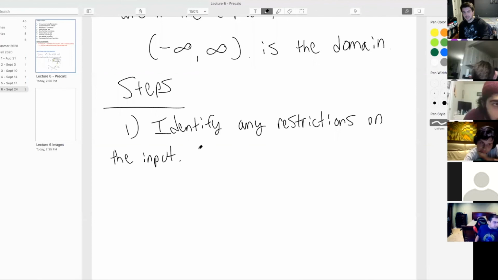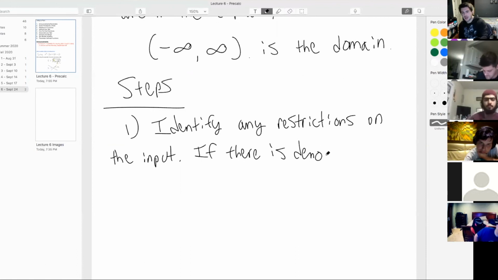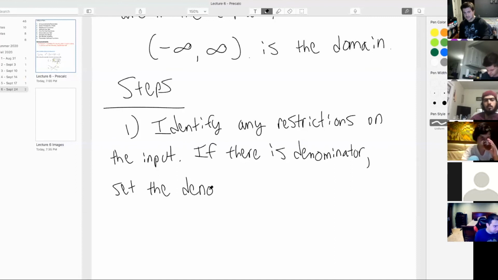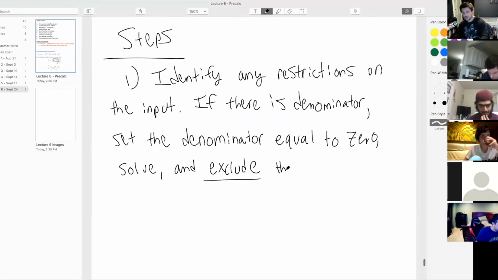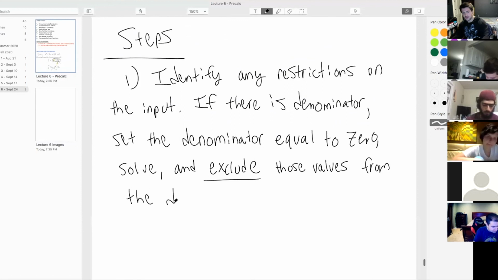Meaning, if there is a denominator, set the denominator equal to 0, solve, and exclude those values from the domain.